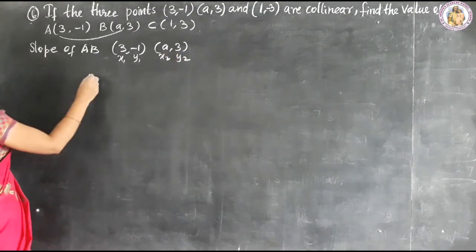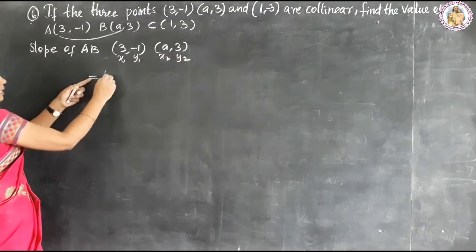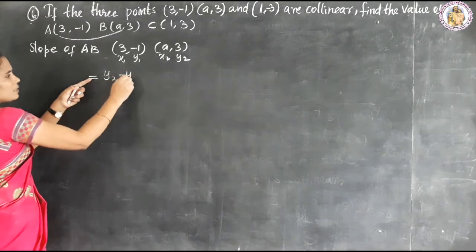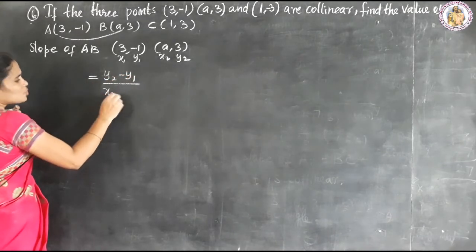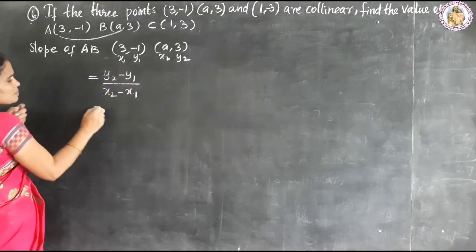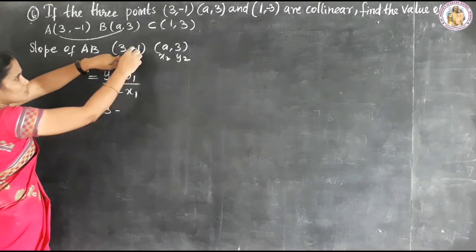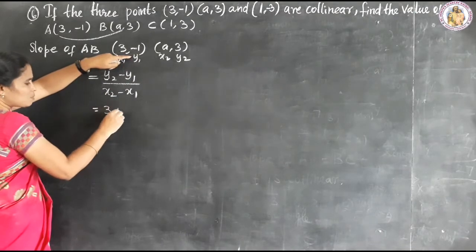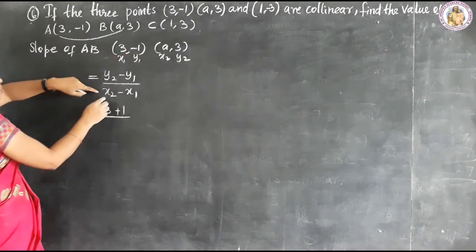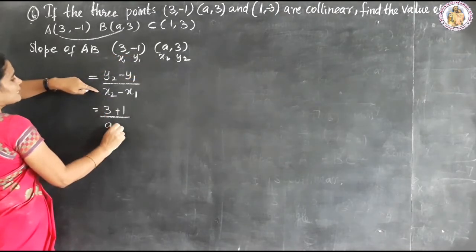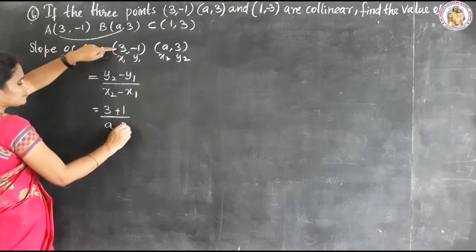So the slope of AB is y2 minus y1 divided by x2 minus x1. Substitute the values: y2 is 3 minus y1 is minus 1, which becomes plus 1, divided by x2, which is A, minus x1, which is 3.